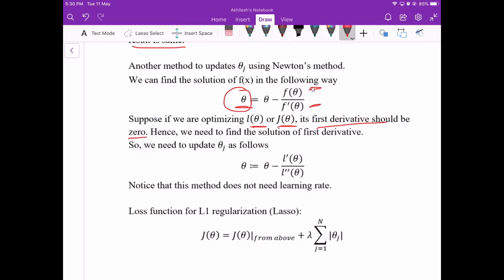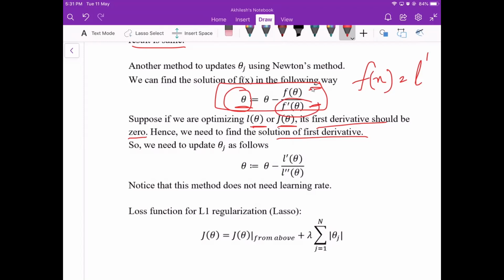Hence we need to find the solution of the first derivative, so f of x is equal to this one. This is one of the methods to find the solution of a certain expression. Okay, but the function should be differentiable, then only you can find the first derivative.